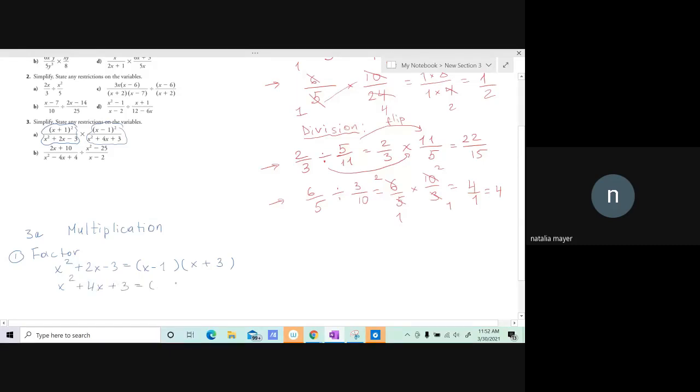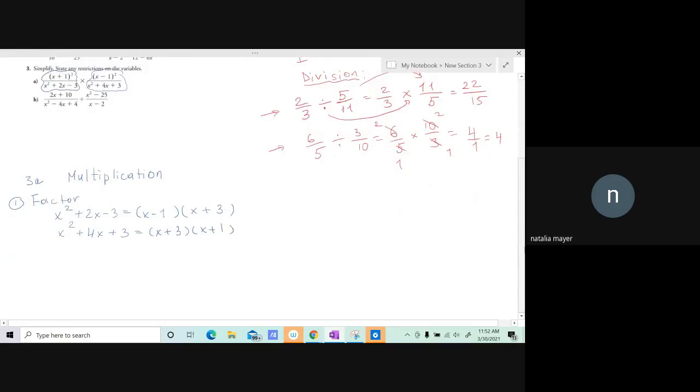So let's factor the denominator. Your suggestions, guys, for factored form. X plus 3 and X plus 1. Okay, X plus 3 and X plus 1. So the final step in the first step, which is factoring, should be writing both rational expressions which are multiplying in factored form.